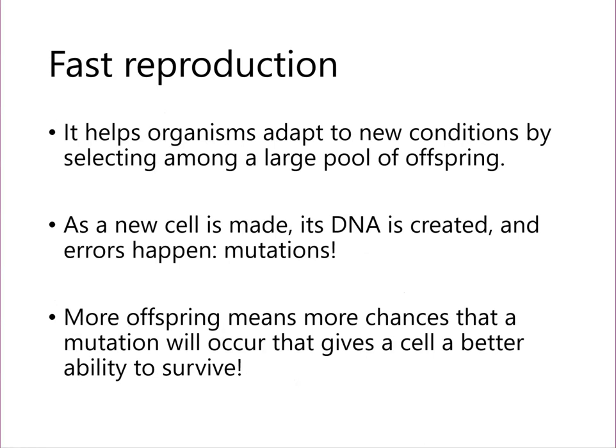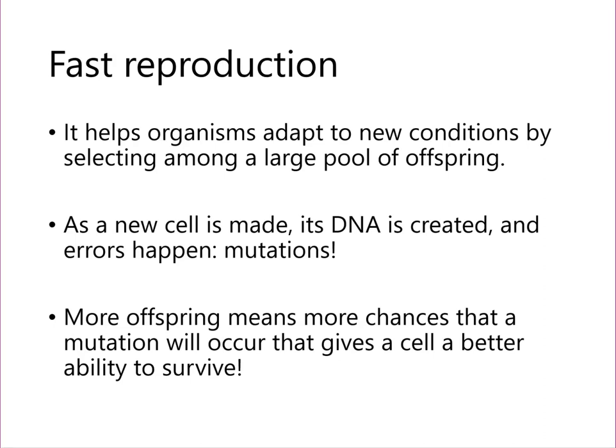Right, so diffusion really governs a lot of what happens in cells, and it's a big driver, most likely, of their size. The other is their small size lets them reproduce quickly. So if we're talking about bacteria and archaea, prokaryotes, for them to divide and make new cells, they don't have to do mitosis. They don't have to make a new nucleus.